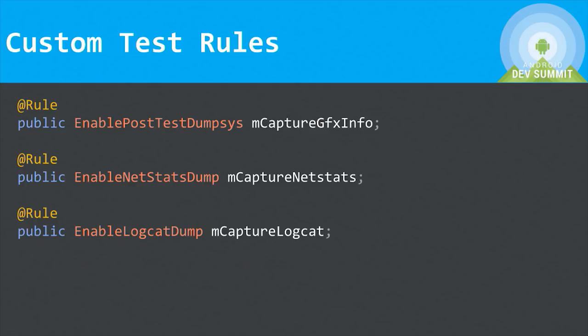We can do exactly the same for the netstats command, which allows you to track your network performance, the number of received and sent packets, for example. And we can also capture the logcat output individually. So just remember, these rules are applied to each test as it's being executed. So for each test, we can now capture the graphics performance, network performance, and the logcat output. And this is pretty powerful.